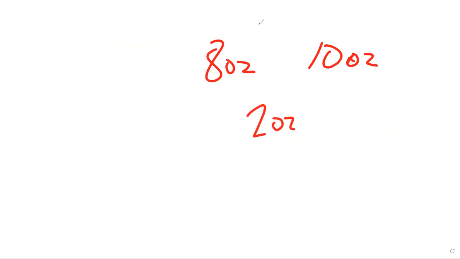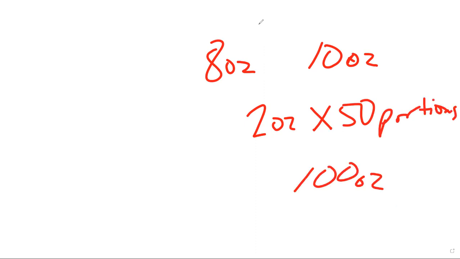So that's 2 ounces difference, and we sold 50 portions. So that's the 100 ounces. So that's two different ways. One's a little bit shorter, but the other way kind of gives you the full picture. Then we do the same thing, we times the 30 cents per ounce. Yeah, that seems a little bit easier to remember.